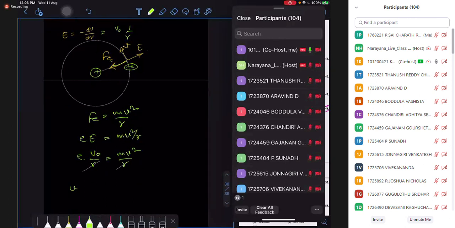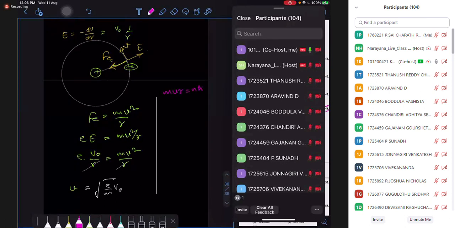So they let us know here, if you're going to write my velocity. So what is my velocity? Velocity will be under root of E by M, V naught. That is my speed. Next thing he says is to apply angular momentum conservation. So angular momentum is MVR and quantize it.